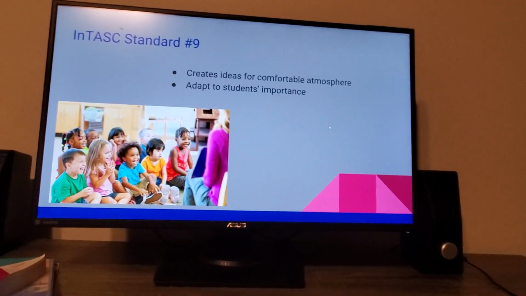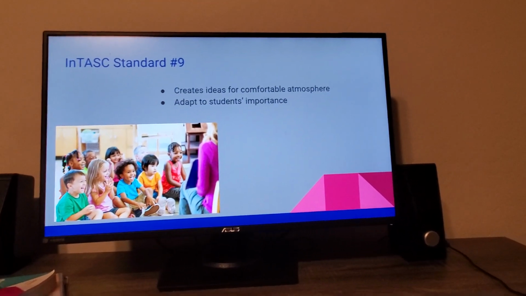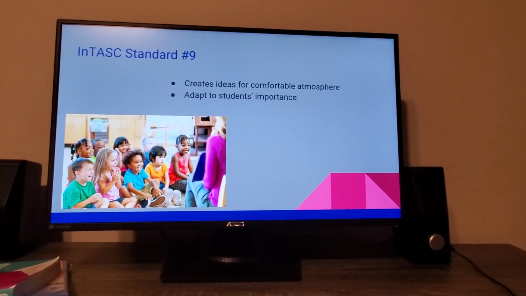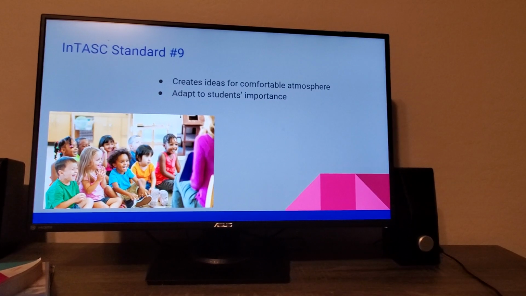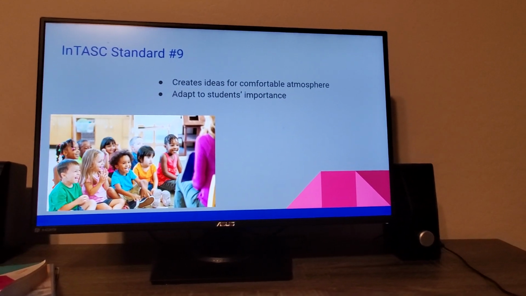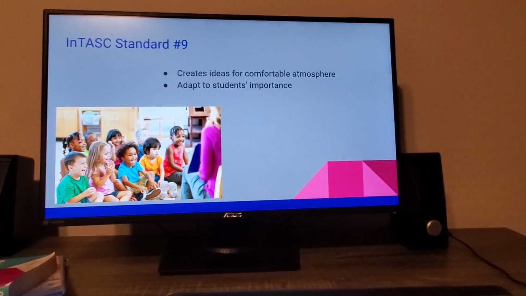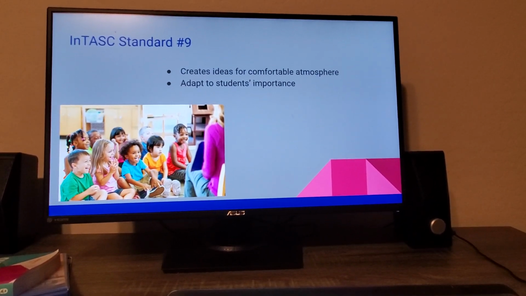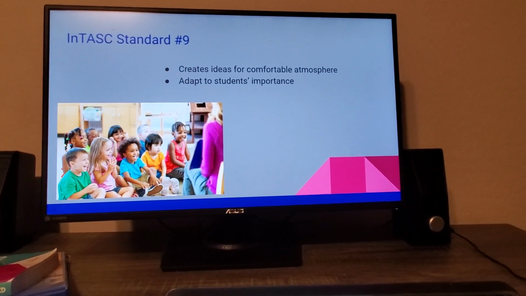And one standard this works on is the ninth one. The book's all about ideas about making a comfortable environment and atmosphere for ELL students so that they can adapt and have more chances of success learning English and being successful in education.